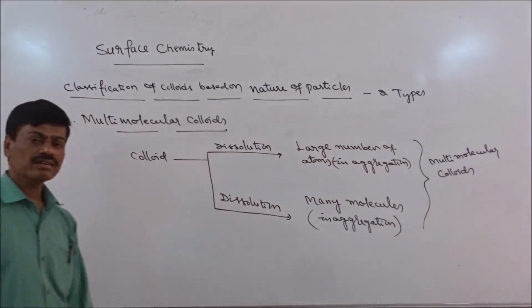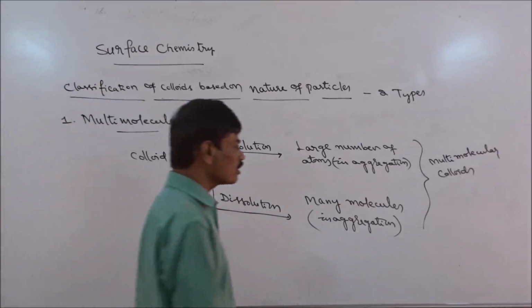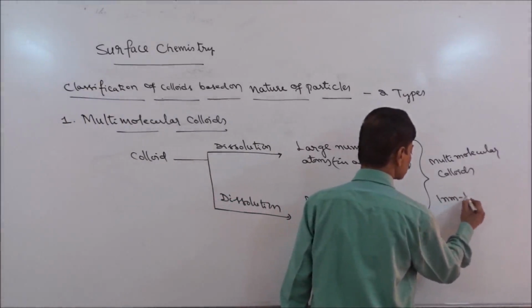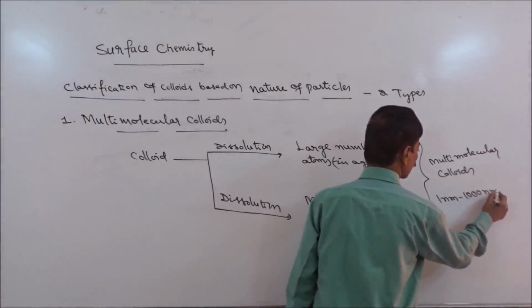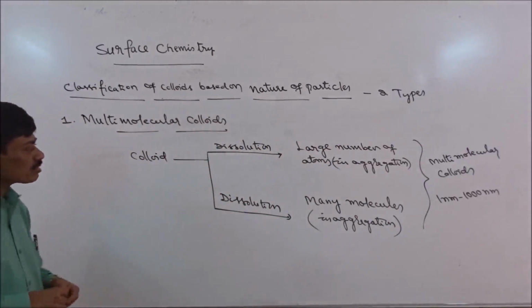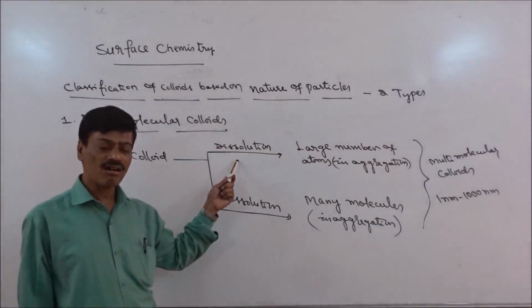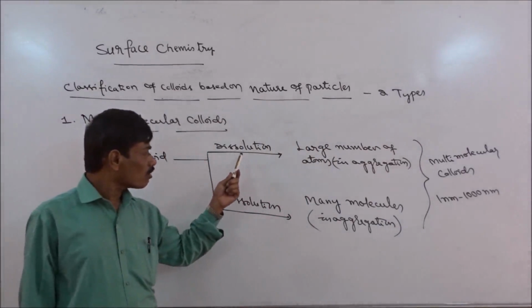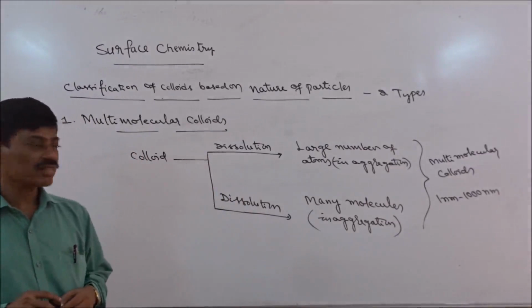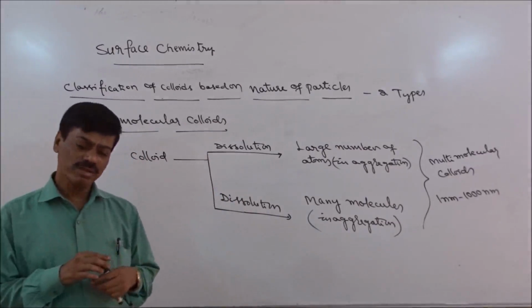Again, sizes of particles of these colloids lie within the range of 1 nanometer to 1000 nanometers. So dissolution means act of separation, and the other meaning is act of solubility.